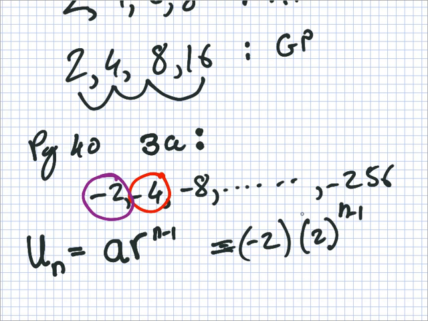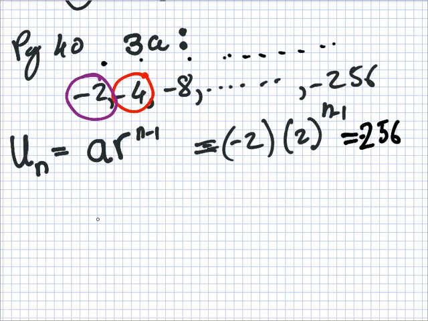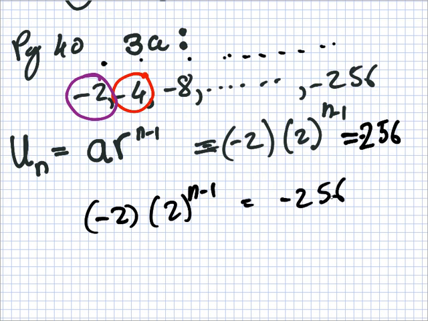So, what we do next is we want to know how many of these terms we have. So we just make this equal to negative 256. We need to figure out what the n is. So you have minus 2 times 2 power n minus 1 equals minus 256. What should I do first to simplify this? Not minus 4, no. I know why you said that, but these don't go together like that.